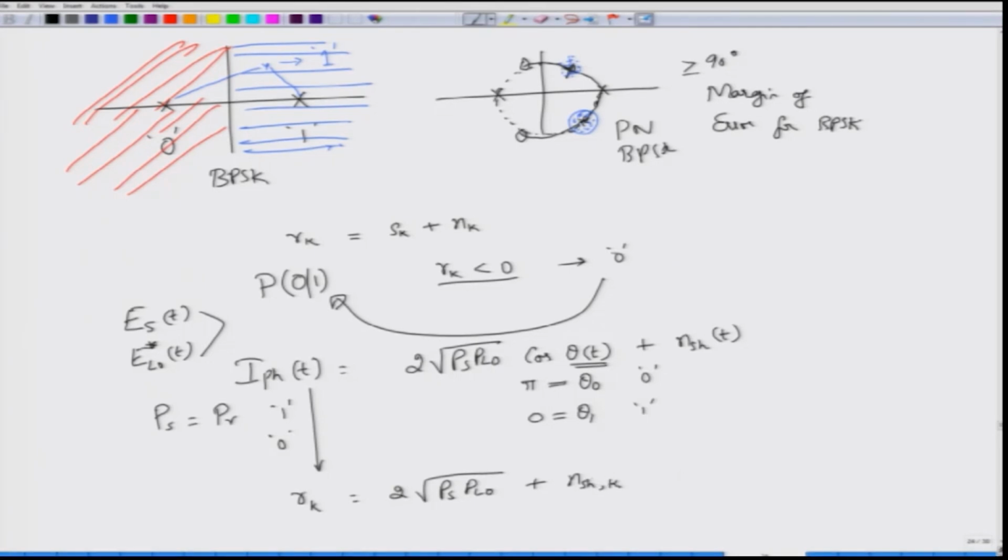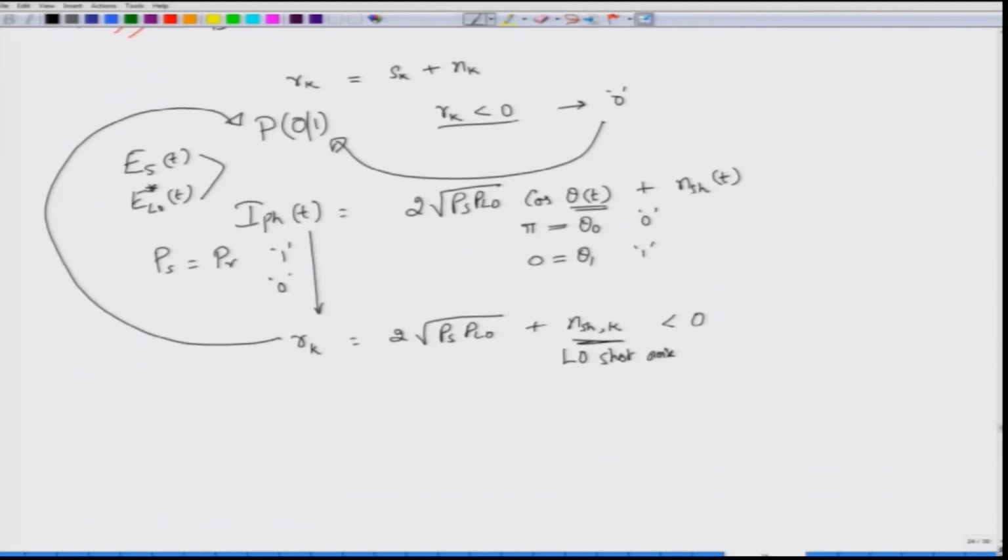If this received signal, because of the noise that you have, which is mostly limited by the LO shot noise, that we are assuming that this is LO which is giving you the largest component of the noise, then if this combination is less than 0, then there is a probability that you would have mistaken the received signal as a bit 0. Although you have transmitted 1, you are going to declare the bit as a 0, which would be in error.